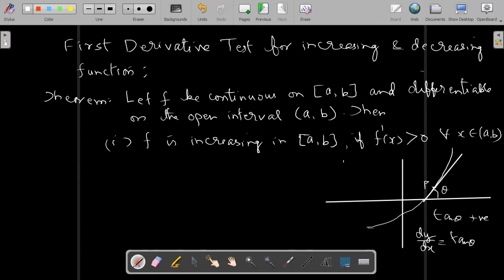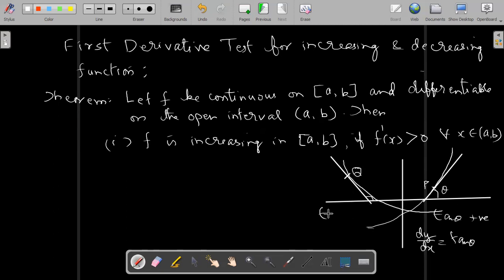And when the curve is decreasing, if I want to draw one tangent at this point, this point Q, the tangent is like this, that means it has an obtuse angle.